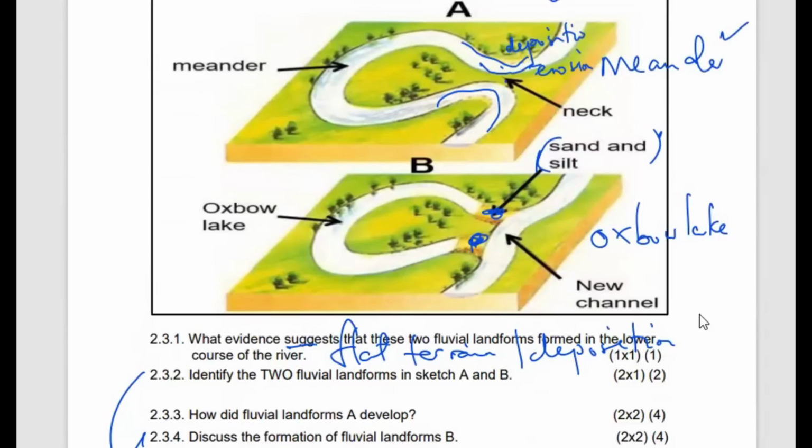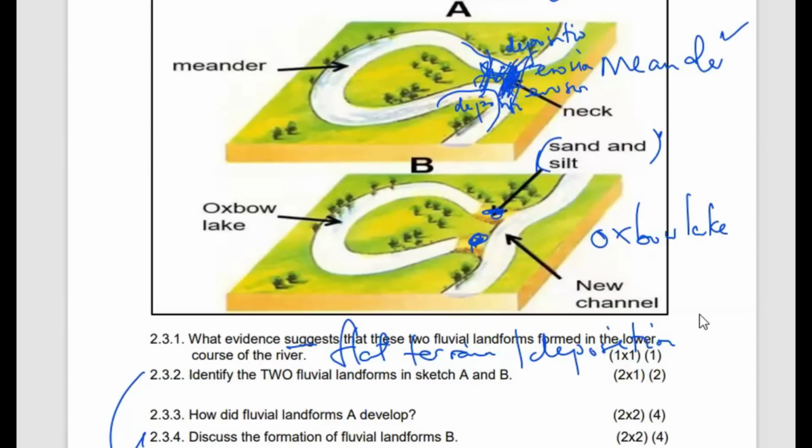The same happens on this bend. This is the outer, there is erosion, and there's deposition on the inner bend here. Because of this, this bend advances in this direction, while this also advances in that direction because of erosion taking place on either side until the river manages to break the neck here.